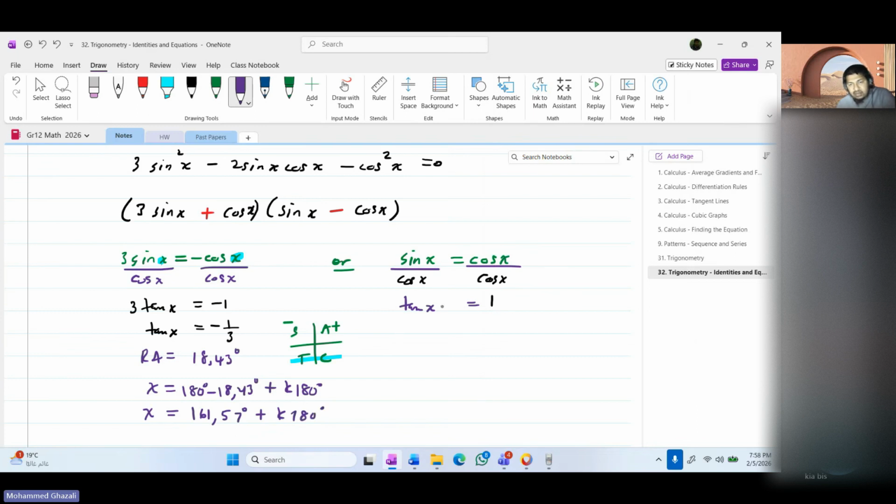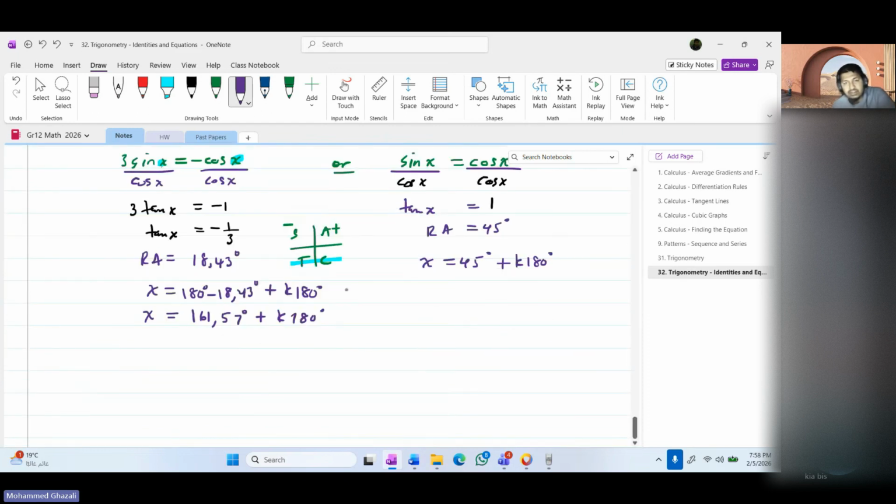And this one is easy because where's tan positive? First quadrant, a reference angle is just 45 degrees. So it's easy. X is equal to 45 degrees plus K180. How we know this? Tan of 45 is 1. It's a special angle. Right, so these are your two general solutions.